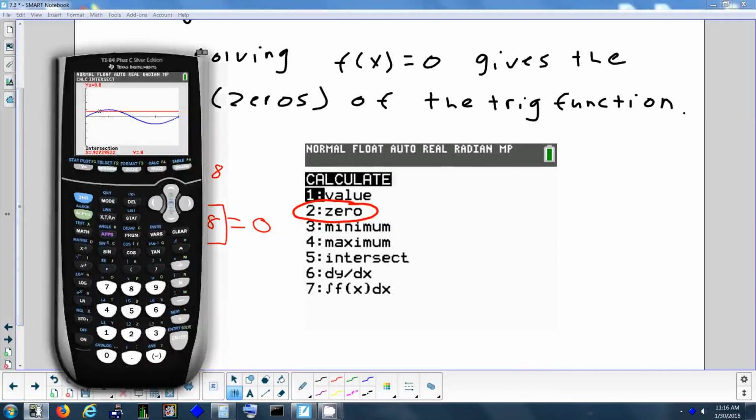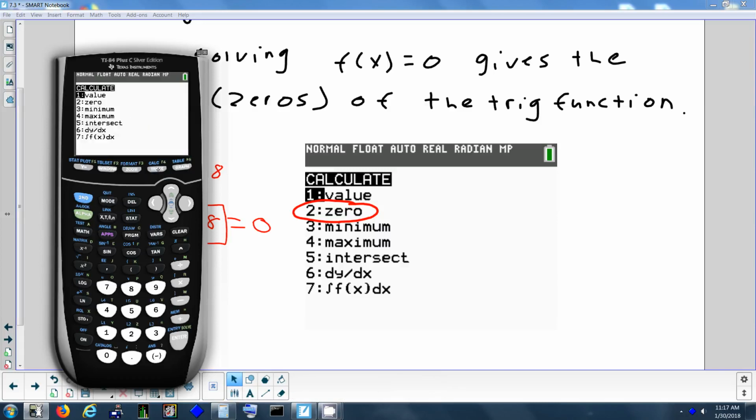So sine of x minus 0.8. Now I only have one graph, and it crosses the x-axis in 2 spots. Does anyone have a guess what those 2 numbers are going to be? They're the 2 numbers that we just found.